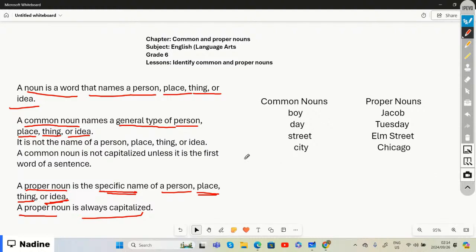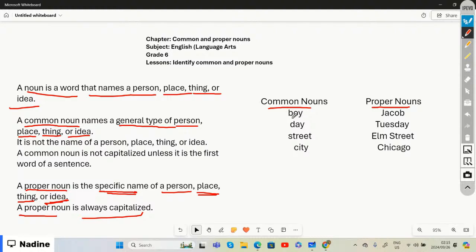And if we look at an example of common nouns and proper nouns and how we can see the difference between a common noun and a proper noun.